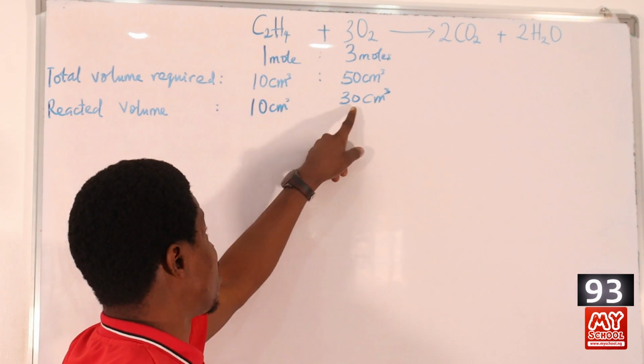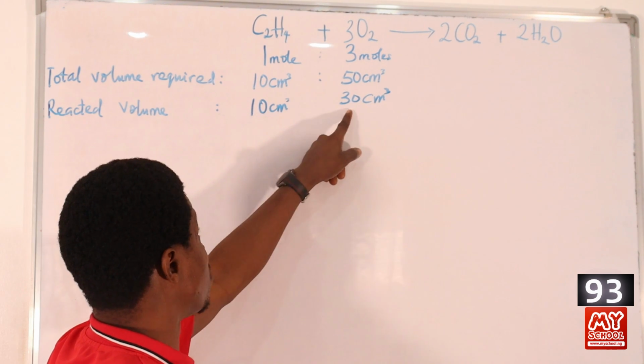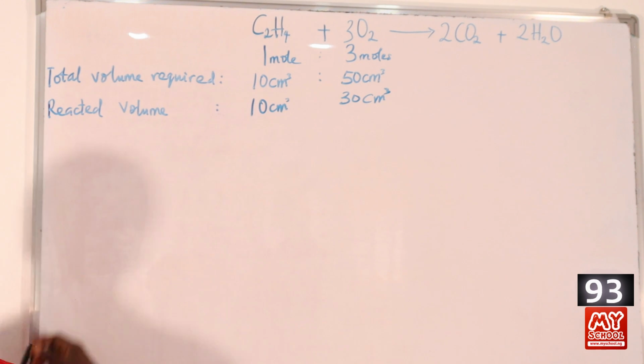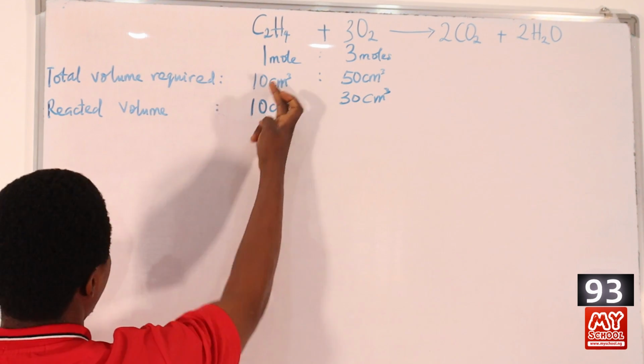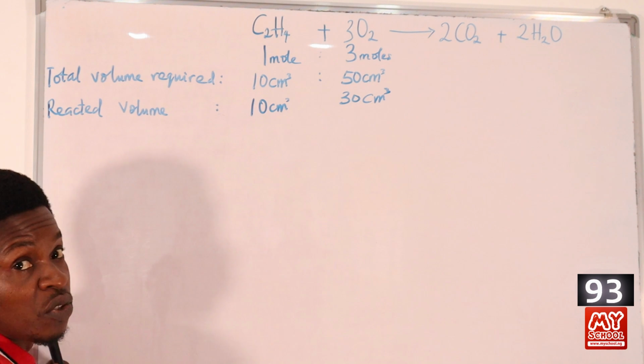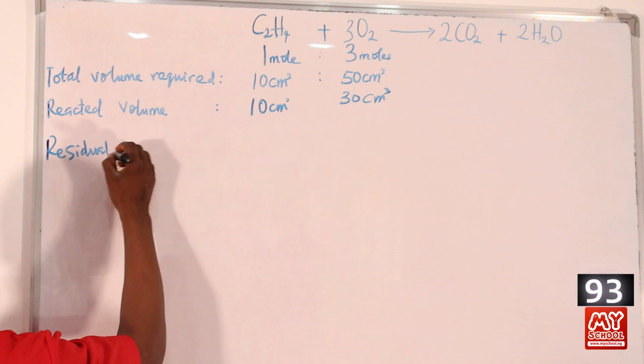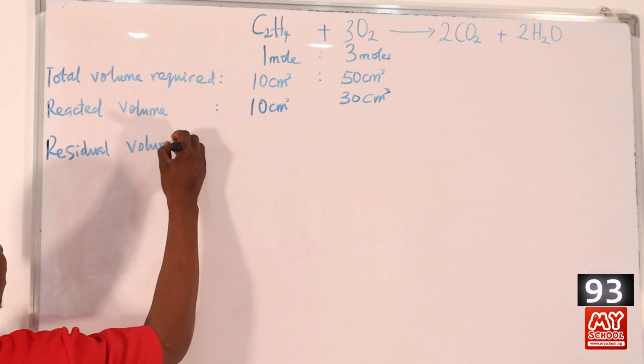So that means 10:30. If you divide by 10, you still get 1:3 back. So when we have the total and what reacted, we can get the residual, what is remaining. So the residual volume, which is what we were asked to find, will be what?